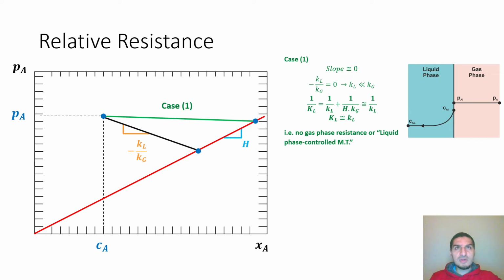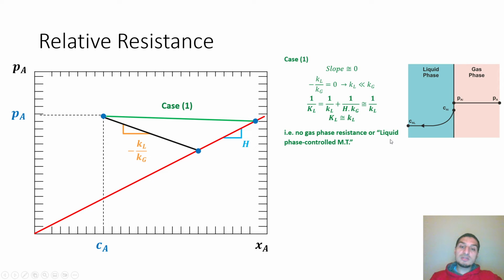You can think of this as the driving force equals the flux divided by the mass transfer coefficient. So if the mass transfer coefficient is a very big number, the driving force is going to be 0. Anyways, it's logical to think of it like this. So you'll have a linear profile in the gas phase, and in the liquid phase you'll have this profile here. This is called liquid phase controlled mass transfer.